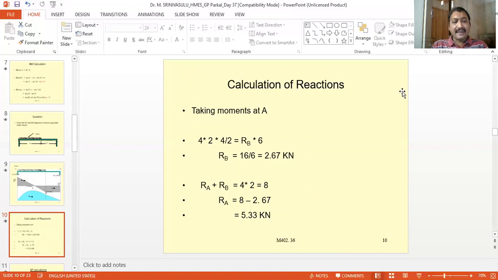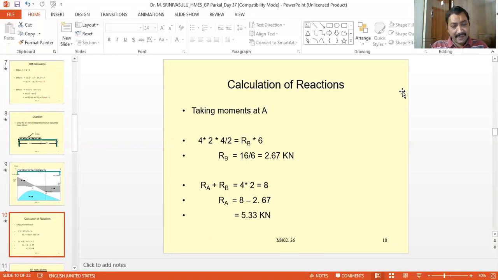Now, taking the moments about the point A, that is RB into the total length 6, taking the moments equal to 0. Why? Because the beam is in the equilibrium condition.